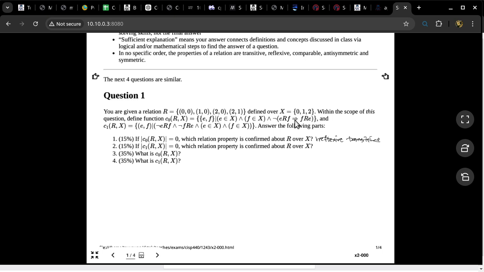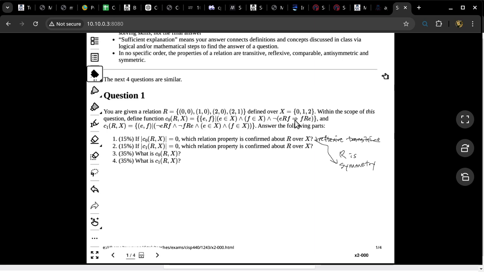So basically C of 0 is capturing two elements of X where their relations cause us to conclude that the relation is not symmetric. So if it is 0, the proper answer to this question is that R is symmetric.